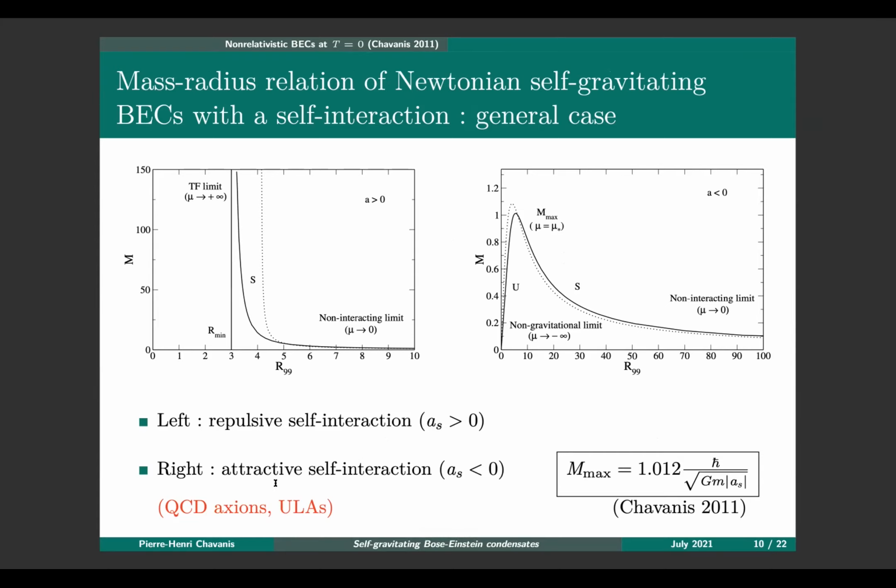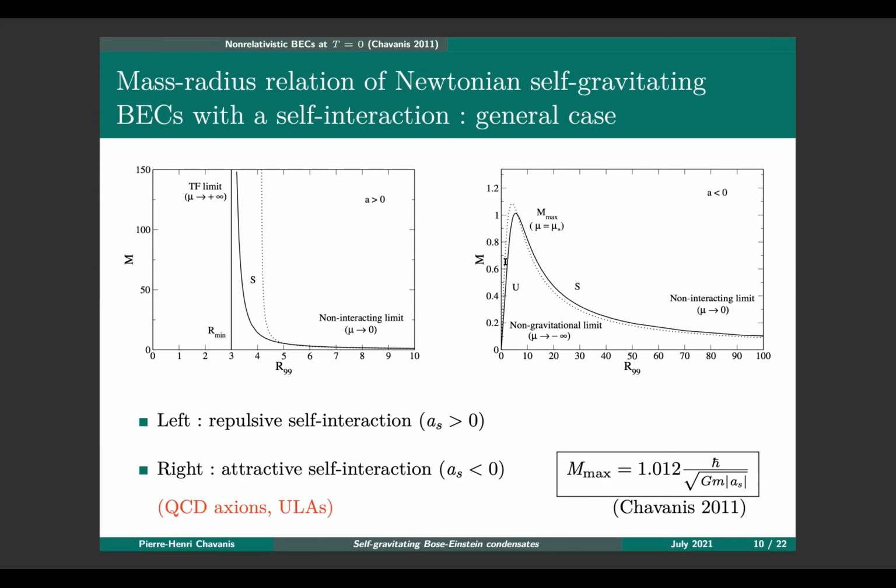Now, if we consider attractive self-interaction, which is the case for QCD axions and ultralight axions, in that case, there is a maximum mass, which results from the competition between the attractive self-interaction, the attractive gravity, and the repulsion due to the quantum potential. So if we are below this maximum mass, there are two equilibrium states, but only one is stable, the one with the largest radius.